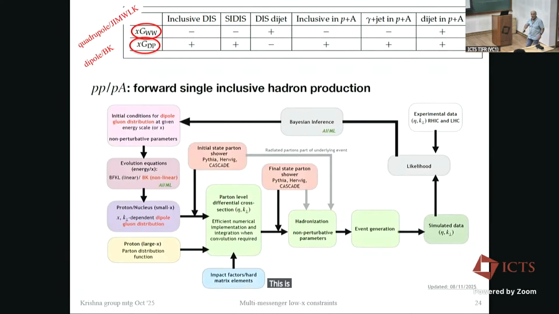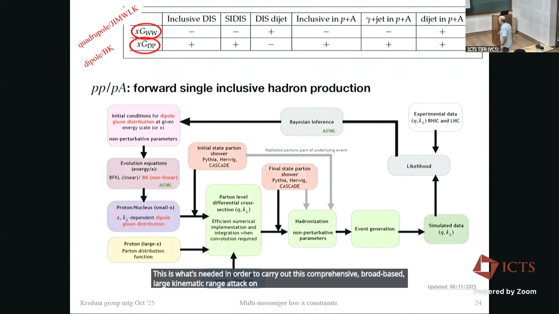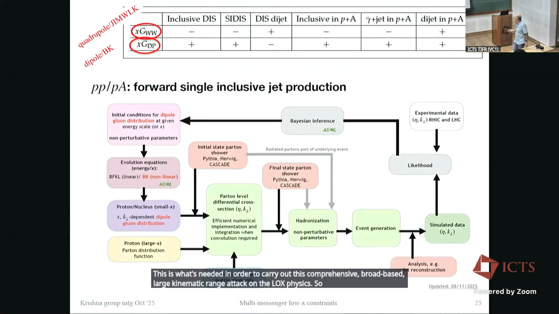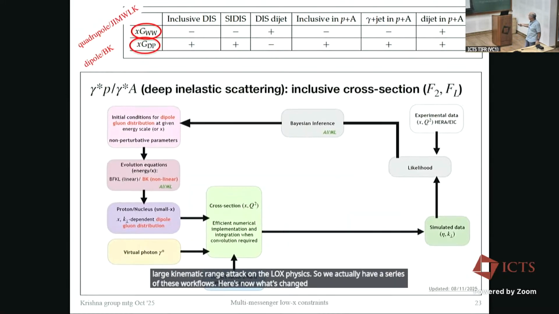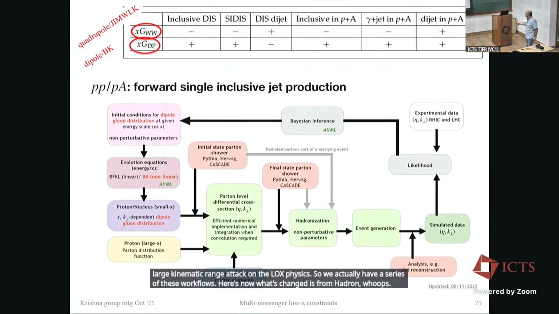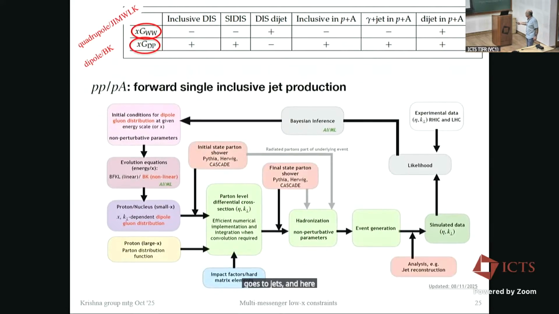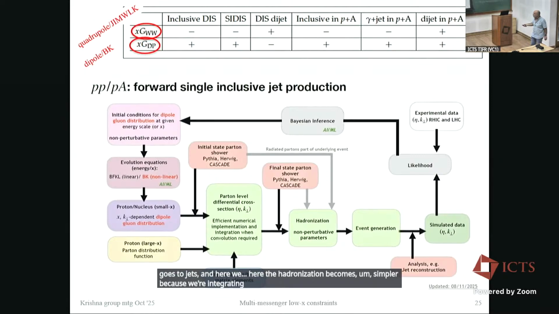This is what's needed in order to carry out this comprehensive, broad-based, large kinematic range attack on the low x physics. So we actually have a series of these workflows. Here what's changed is hadron goes to jets. And here the hadronization becomes simpler because we're integrating over hadronic degrees of freedom.